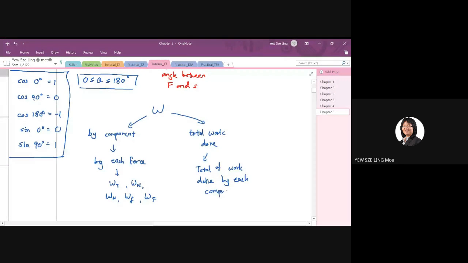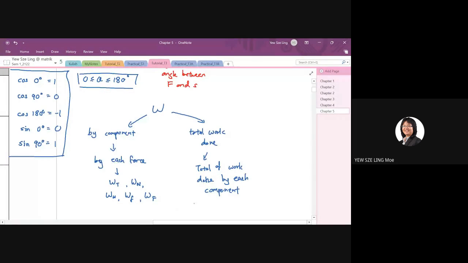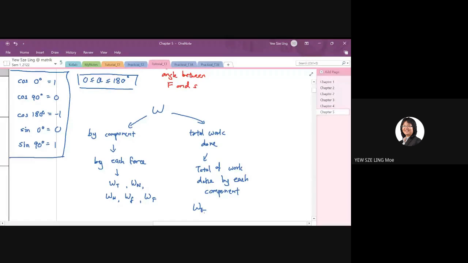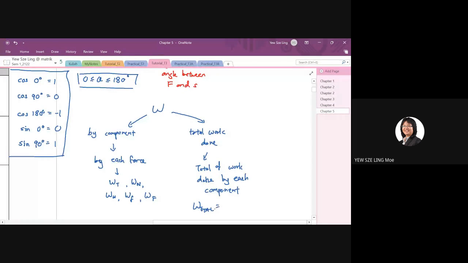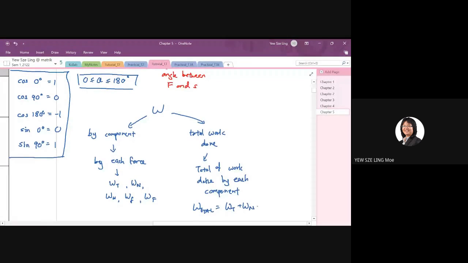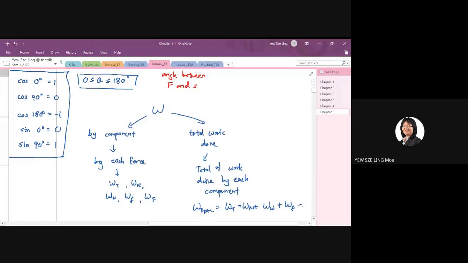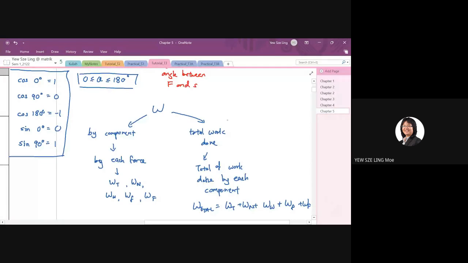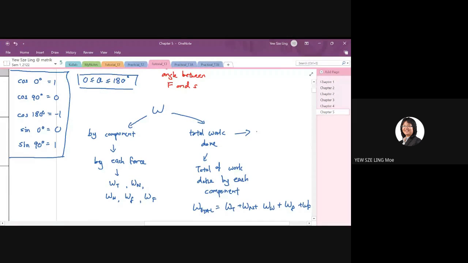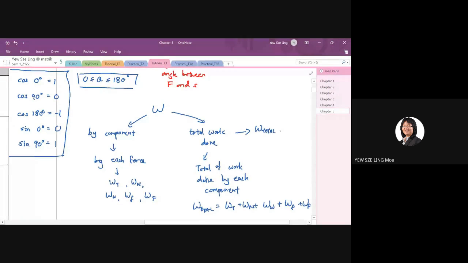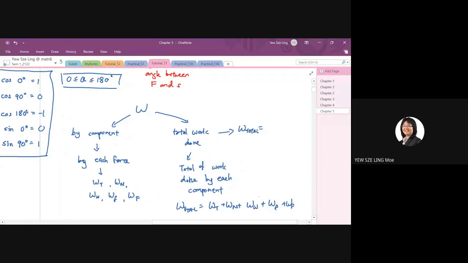Meaning that W total is equal to W_T plus W_N plus W_W plus W_F plus W external force. And then the second method that can be used is straight away by using total work done, by using the net force.